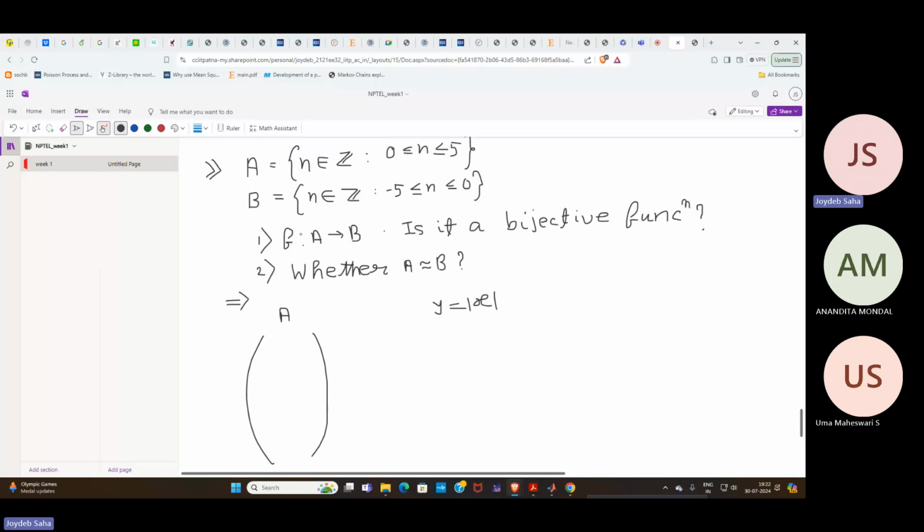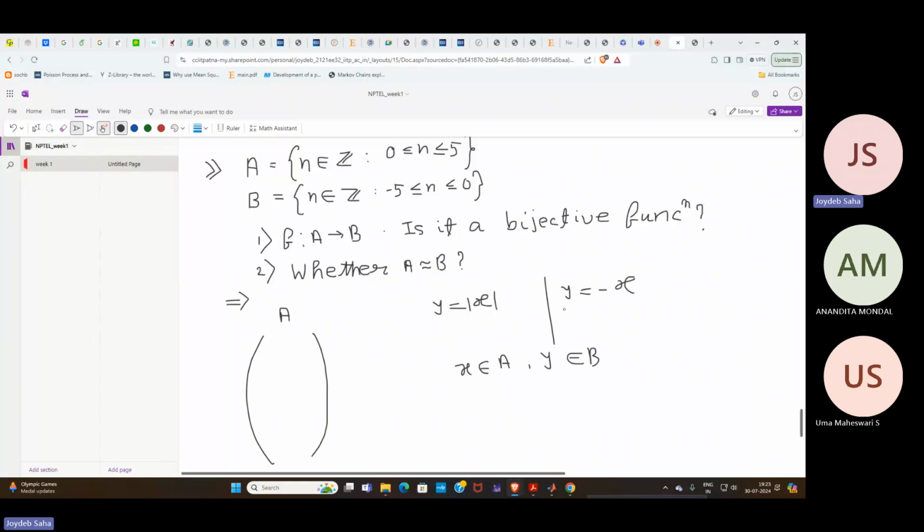But if we do not define anything, or if we say y is equal to minus x, where x belongs to A and y belongs to B. If we define y is equal to mod x, then you were saying it will be a bijective function.